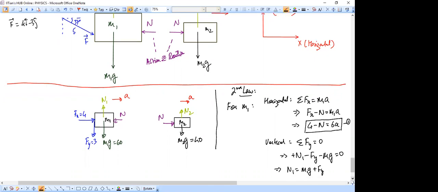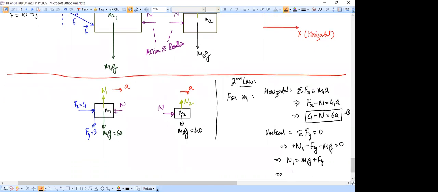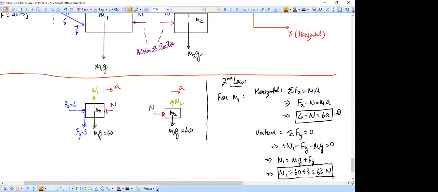So this normal reaction N1 is 60 plus 3 or 63 newtons. This is our second equation, which is directly giving us a result. The first equation didn't give us a result directly because there were two unknowns in it, N and a. Okay, so this is our second equation. That's done. So this was for block M1.